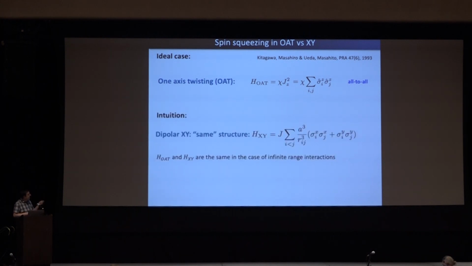And then the idea is that the dipolar XY model that we are dealing with has approximately the same structure as the one-axis twisting model. In particular, the two Hamiltonians are the same in the case of infinite range interactions. So the question is: do we really need all-to-all connectivity? Is the 1 over r cubed long range enough to generate spin squeezing?